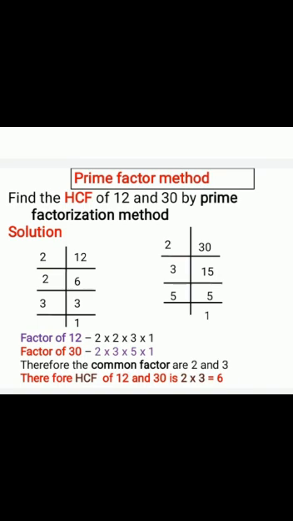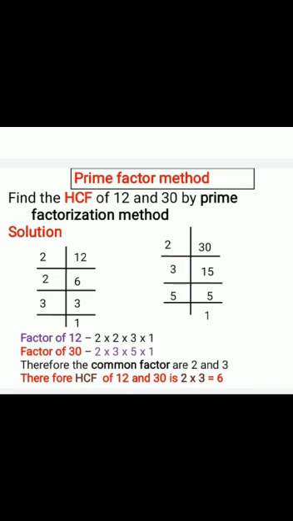Yes children, we have done it in our last session. So, first you are going to factorize 12. After factorizing 12, the factors of 12 will be 2 into 2 into 3 into 1. Then you are going to factorize 30, and the factors of 30 are 2 into 3 into 5 into 1.